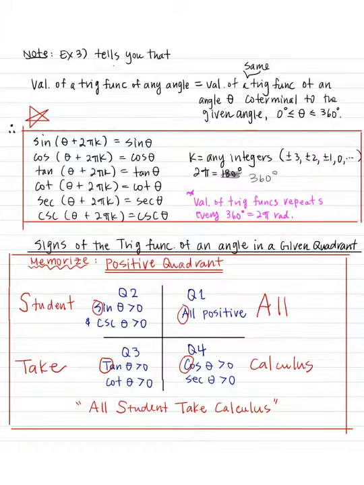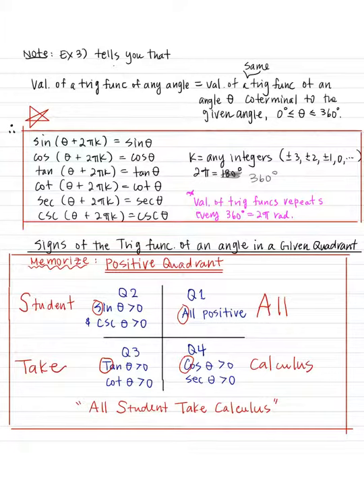In quadrant 3, T stands for tangent. So tangent and 1 over tangent, which is cotangent, are positive in quadrant 3. And quadrant 4, C stands for cosine. So cosine and its reciprocal, secant, are positive in quadrant 4.